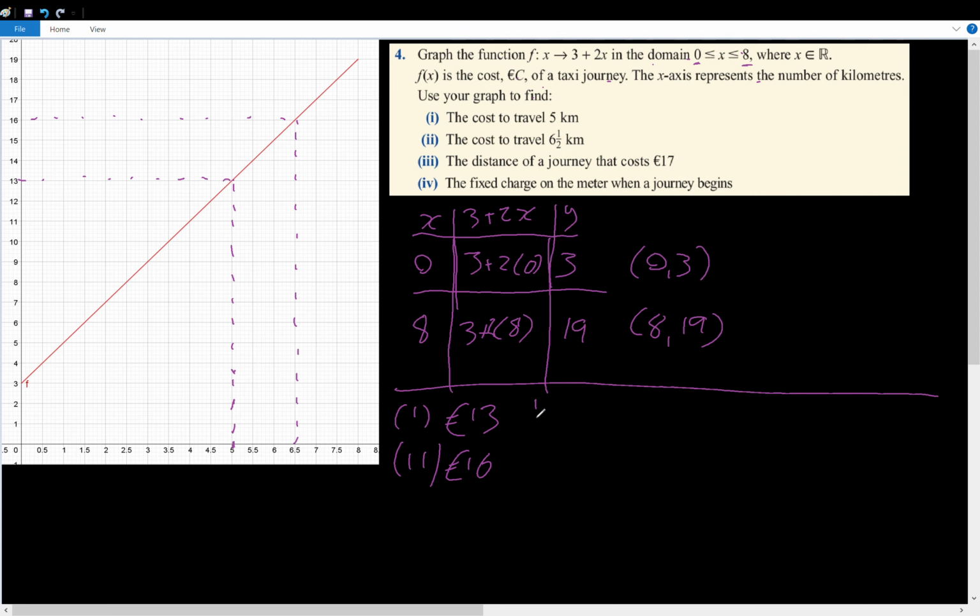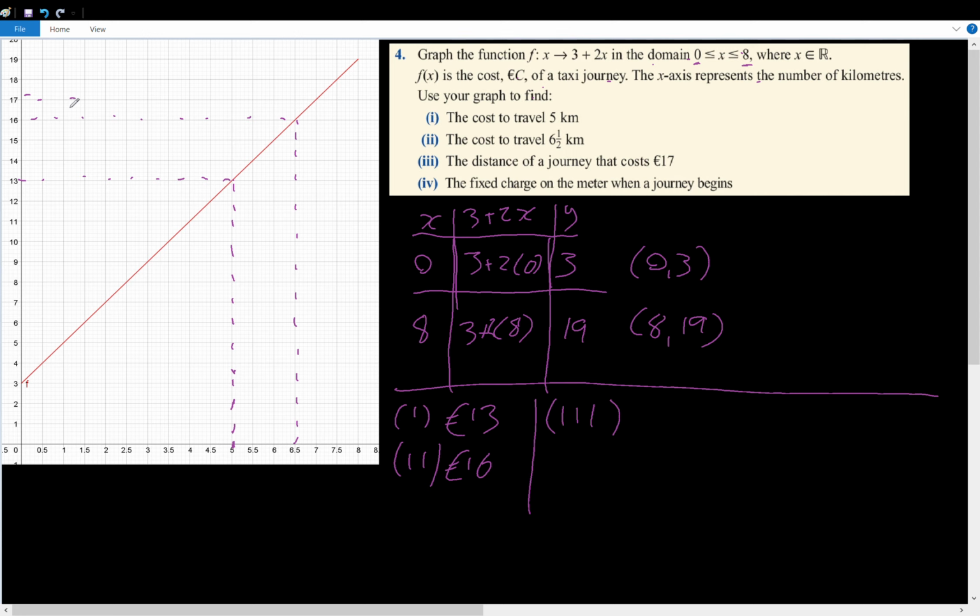For part 3, we're asked the distance of a journey that costs 17 euro. So for this one, we're going the other way. In the previous two questions, we were asked about the cost when we knew the distance. So we would go to the x-axis, which is where distance is represented, and go from there. This time we're asked about distance when we know cost. So we go to the cost, which is on our y-axis, of 17 euro for this particular question.